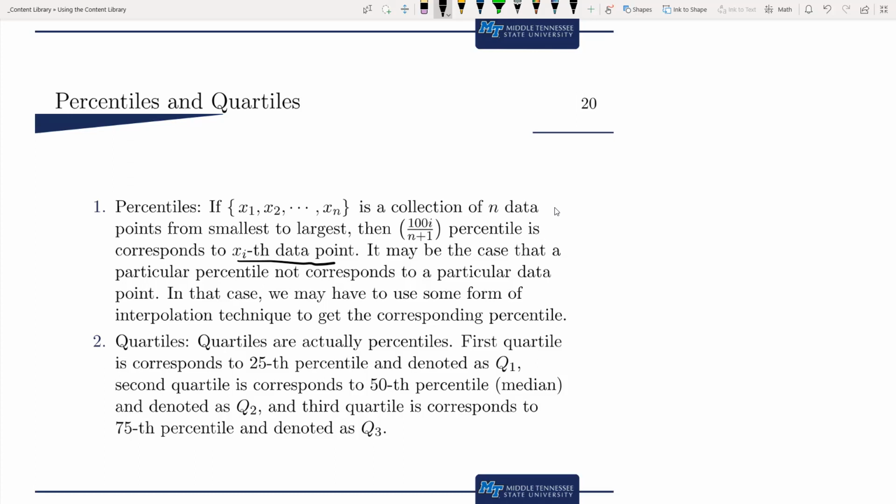And then you have the quartiles. Basically, that's the 25th percentile, 50th percentile, and 75th percentile. These are special names in a way, but in a general sense, that's percentile actually. So the 50th percentile is actually the median, or we call it the second quartile.